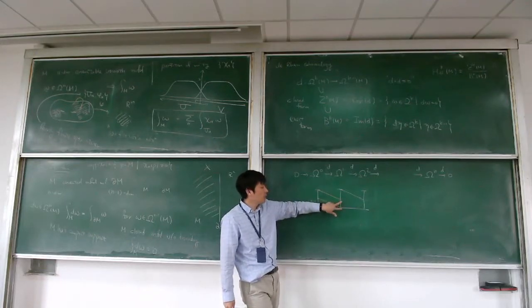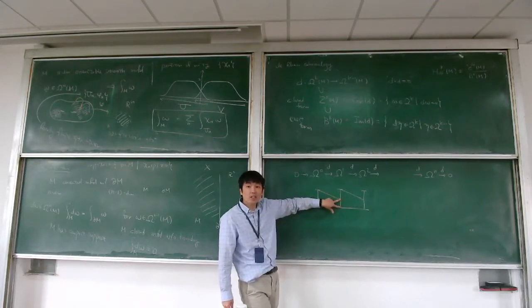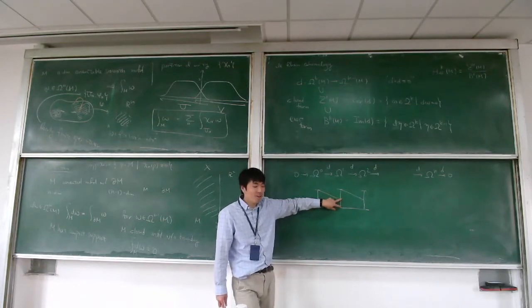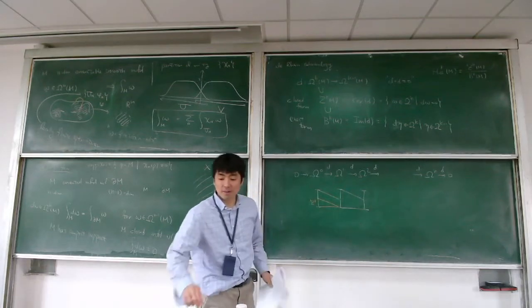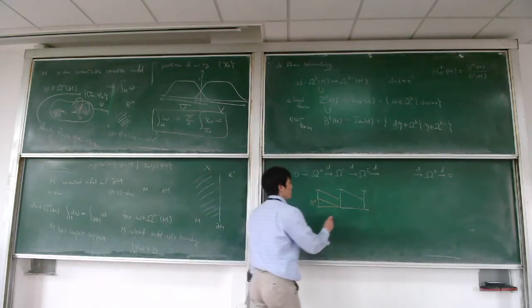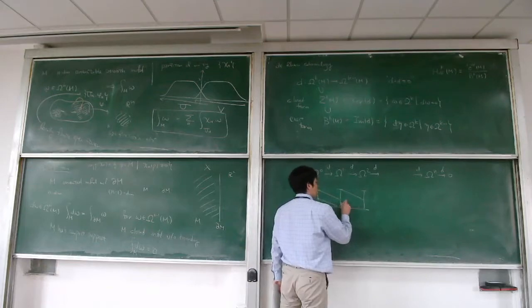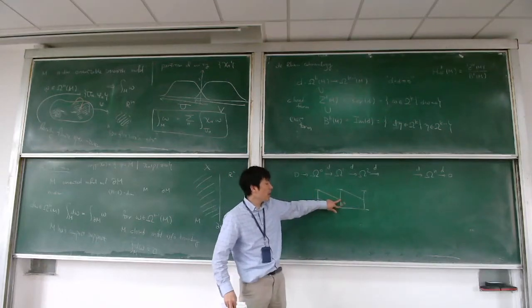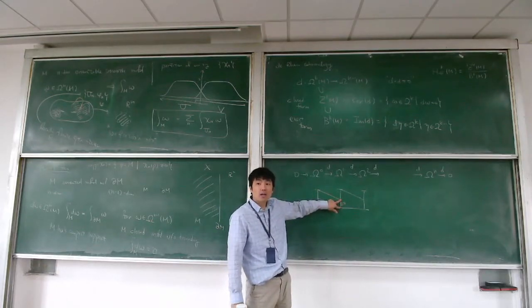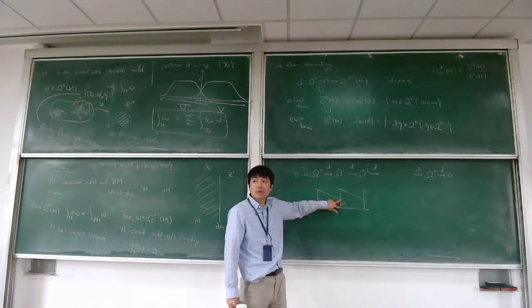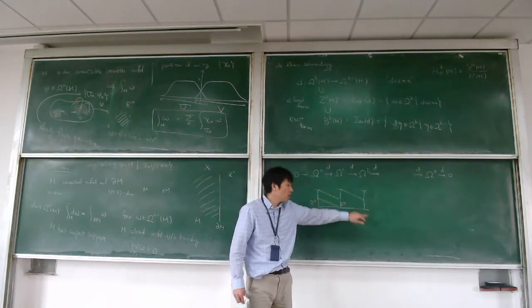And since this is the image of d, what is it called? This part is called exact forms. So this is B1. And this B1 is sent to where under the exterior derivative? 0.